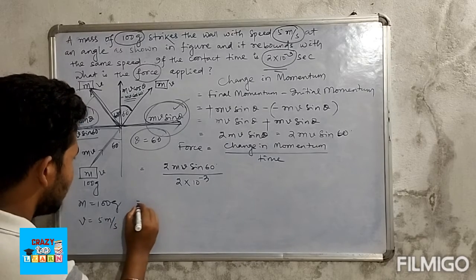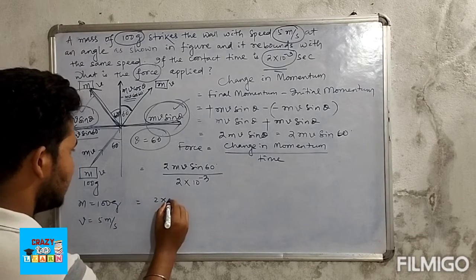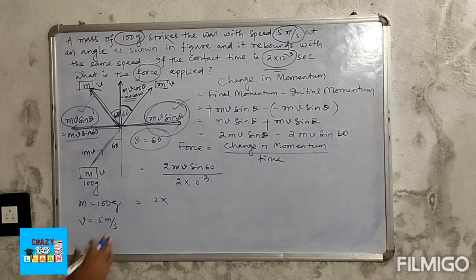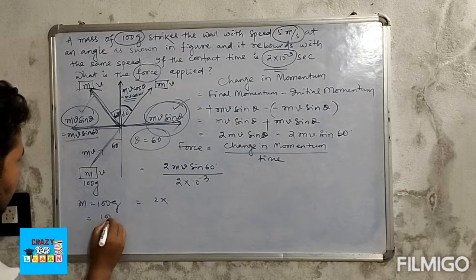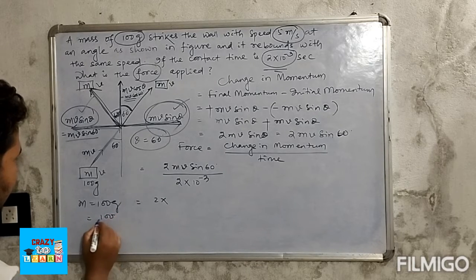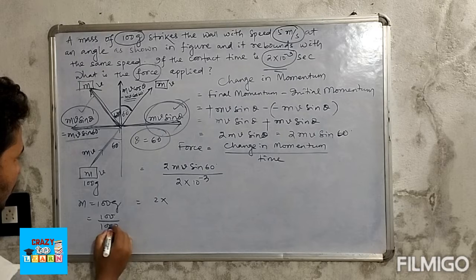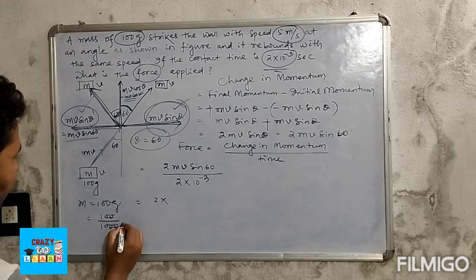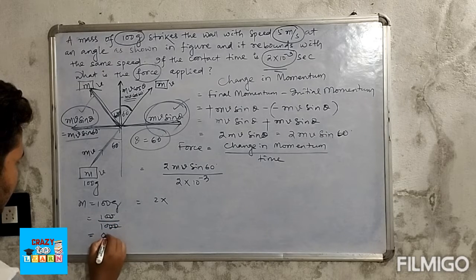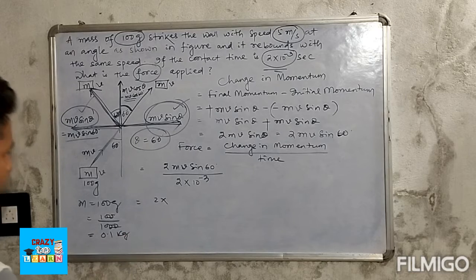So put the values. Oh, sorry, you have to convert this 100 gram to kg. So we get 100 divided by 1000. What will you get? The 0 cancels, 1 by 10, that means 0.1 kg.